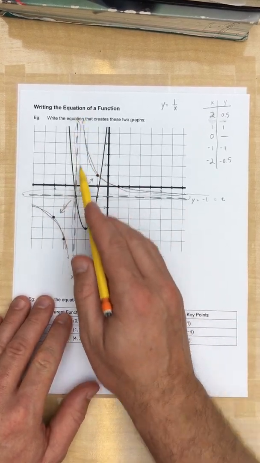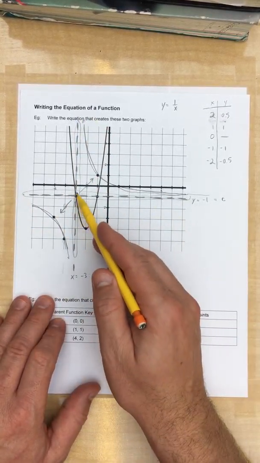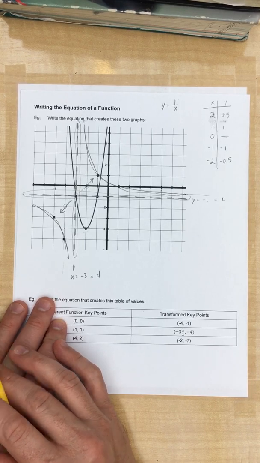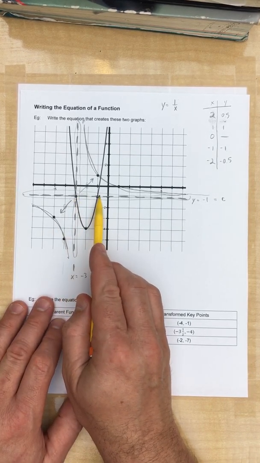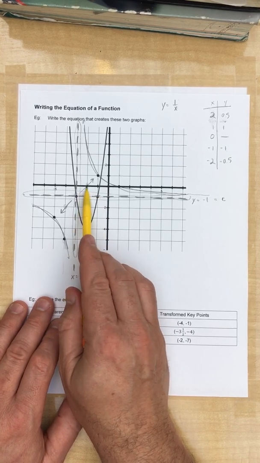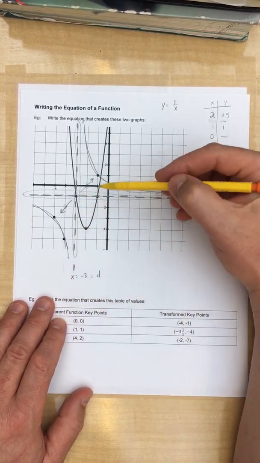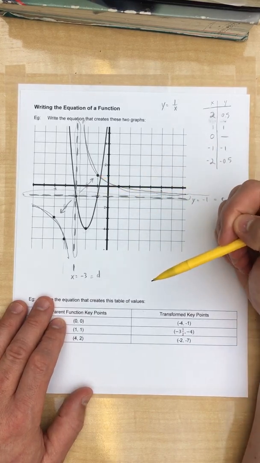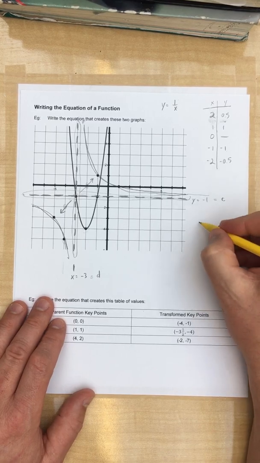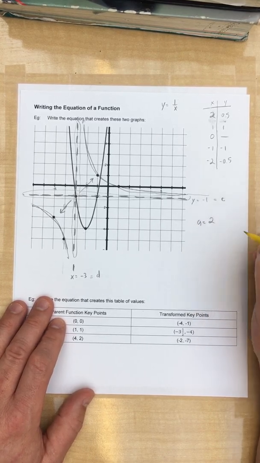My vertex for a reciprocal function is kind of the axis that's formed by the horizontal and vertical asymptotes. So it looks like I've stretched horizontally to make this from here to further out to here, and it also looks like I've stretched vertically. Stretched vertically by a factor of 2, I've doubled distances, which suggests that my a value is 2.